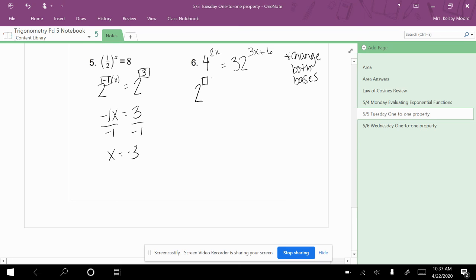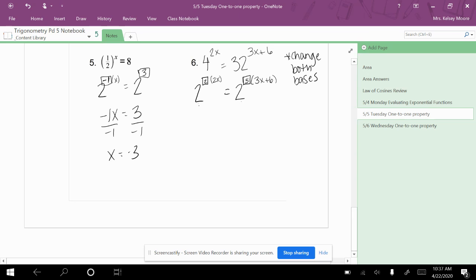Then you have to remember that you have that extra 2x there. So 2 to the second power will get you 4, and then you have that 2x. So if I come over here to the 32, 2 to the what power will get you 32, and that would be 5. But then you add that extra 3x plus 6.